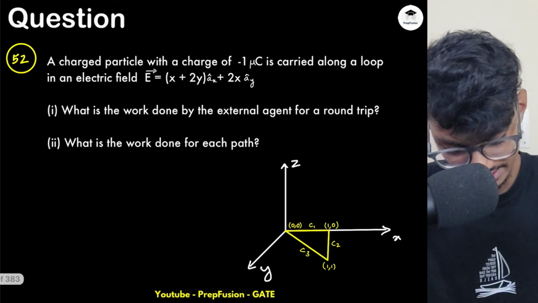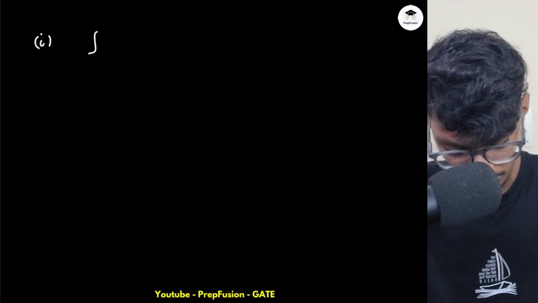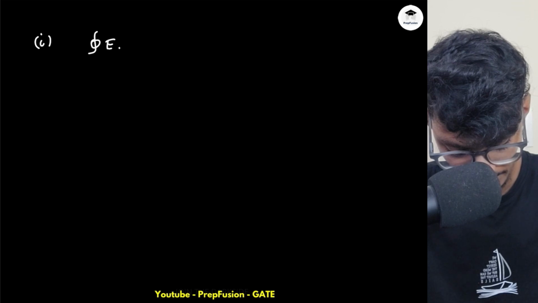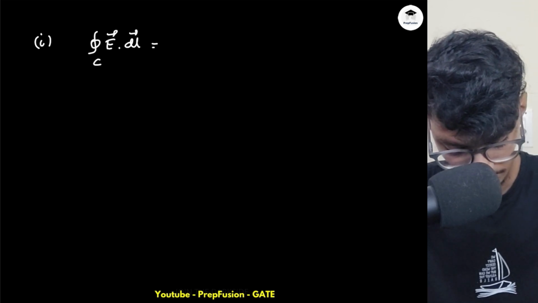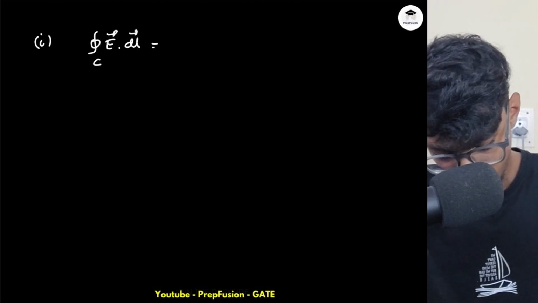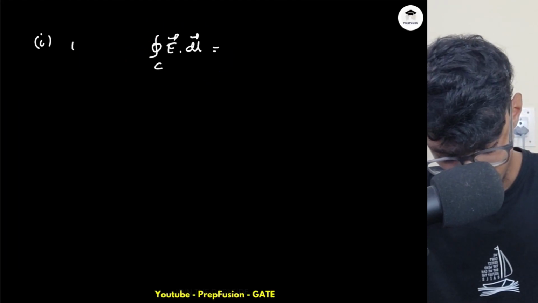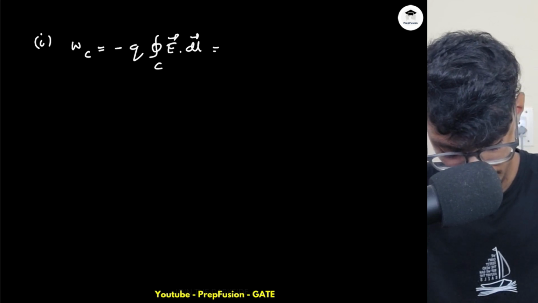So what I know is, for the first question, I need to find out the closed loop integration of E dot dl along the curve C, along this particular curve C, correct? And I have to find out the work done. Basically, work done for this loop C will be minus Q times this integral.